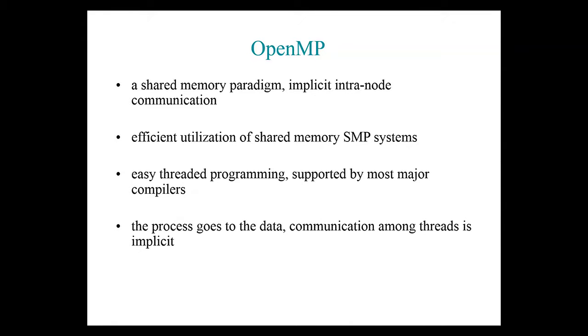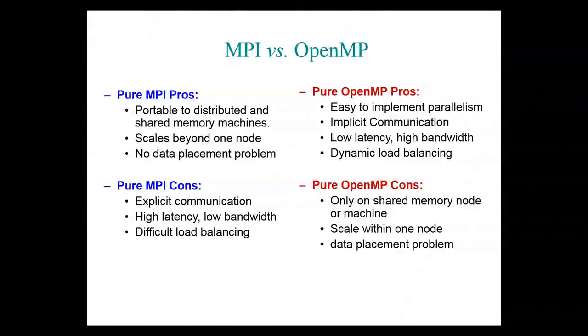If you would like to compare these two approaches, as we know, each of them has its pros and its cons. On the MPI side, pure MPI is portable to distributed and shared memory machines.